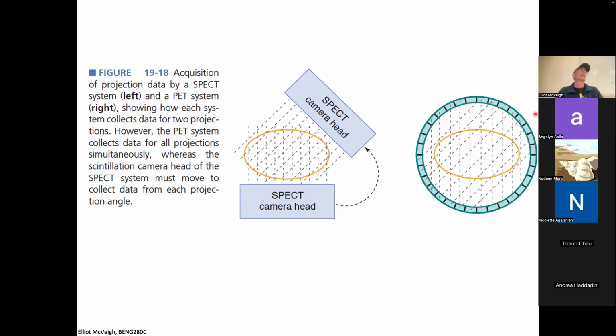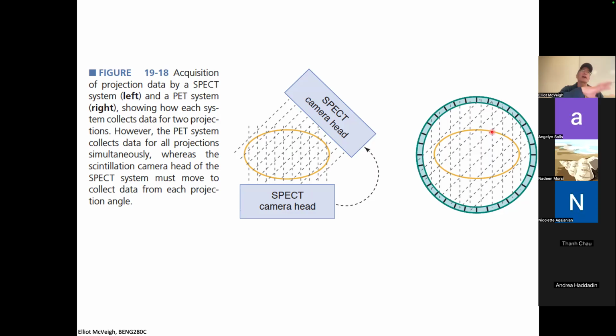So I create a projection just by pooling all of that data together. And if I get multiple hits on this line of response, then the signal at that point in the projection just goes up. It's proportional to the number of hits I get on that line of response, okay? And then I have to correct for what is in the patient in terms of probability of getting out of the patient at that point. And then I have a profile that is proportional to all of the activity along this line, right?